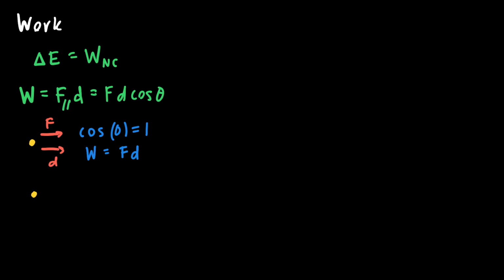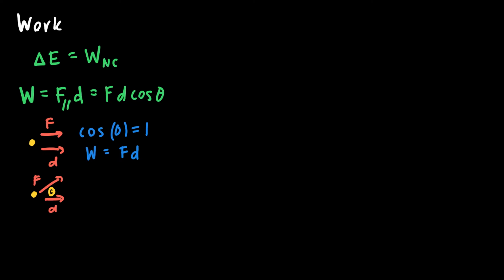If the object is moving to the right and the force is exerted maybe at some angle up and to the right, so not just parallel to the displacement, but at some angle up and to the right, then it becomes essential that we have the cosine theta, because we need to find the component of the force that points along the displacement of the object.